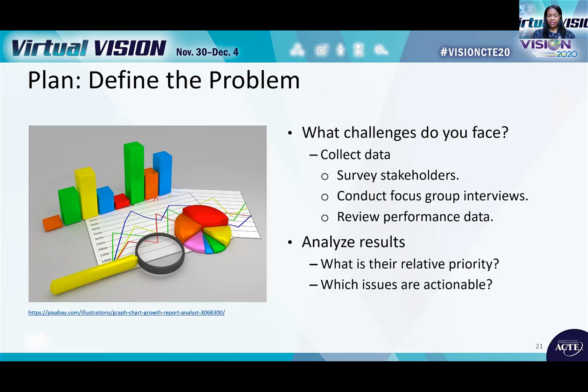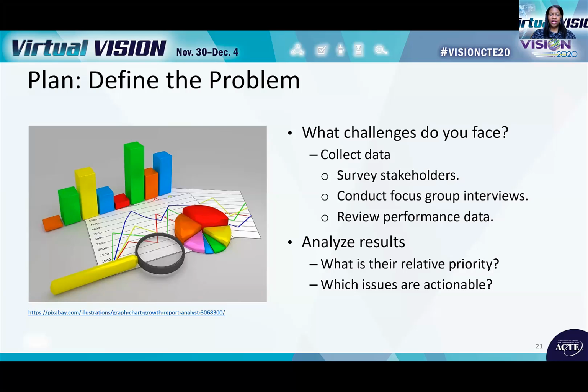You may find that multiple issues arise, but you will need to prioritize them and determine what requires immediate attention, what is a high priority issue, problem, or concern, and what problem that you want to address will most likely have the most significant, meaningful change for your program and the students.